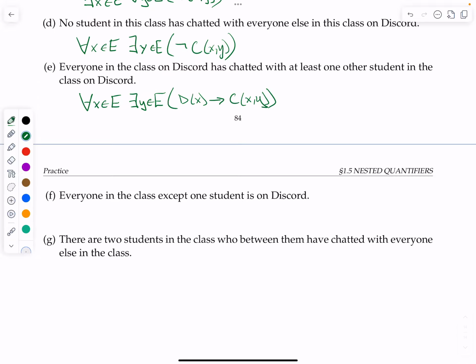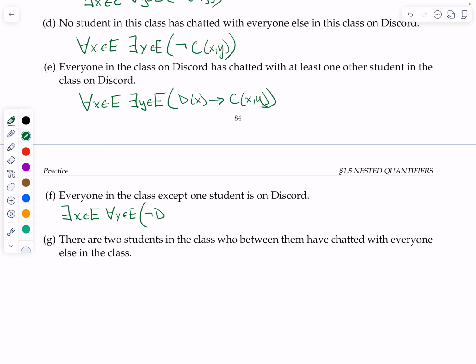Everyone in this class except one student is on Discord. Okay, how about this? There exists a student. That will be our unique student who is not on Discord. For every student, the following is true.